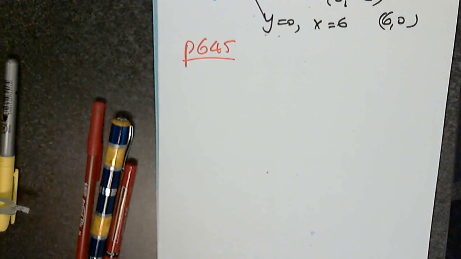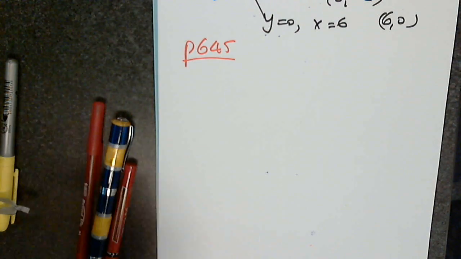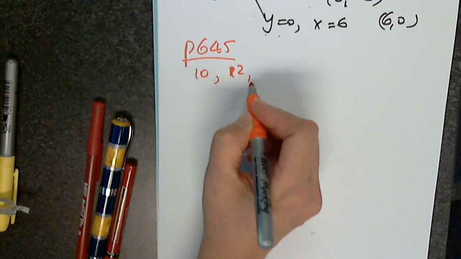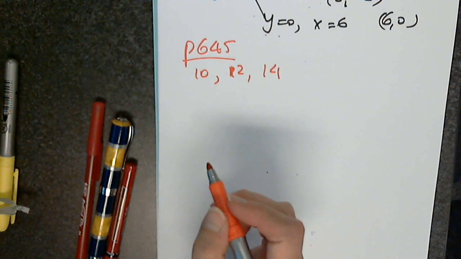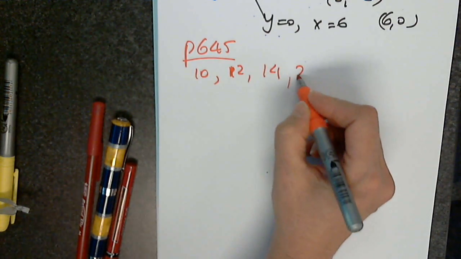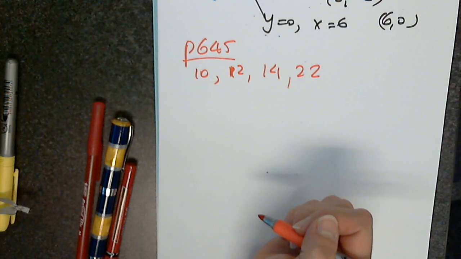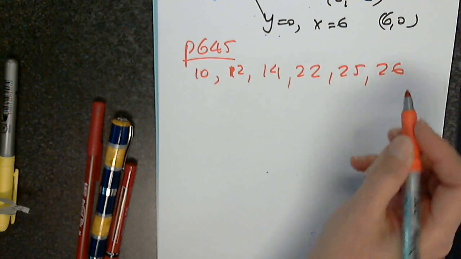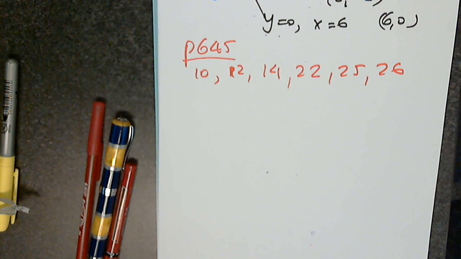Okay, I'll pick from 10.1: 10, 12, 14, 22, 25, 26. Okay.